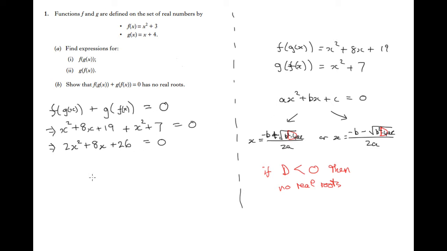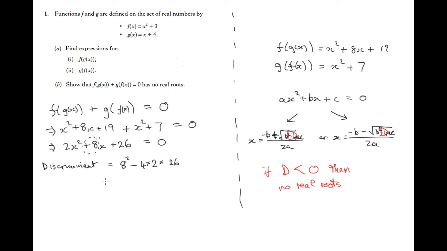So that's you into difficulty. So let's have a look at the discriminant of this equation, whatever's under the square root sign. Now that's b squared. Now b is the coefficient of x. How many x's do we have? B squared, that's 8 squared, minus 4 times a is the coefficient of x squared, that's 2. B squared minus 4ac times c. C is the constant at the end, which is 26.